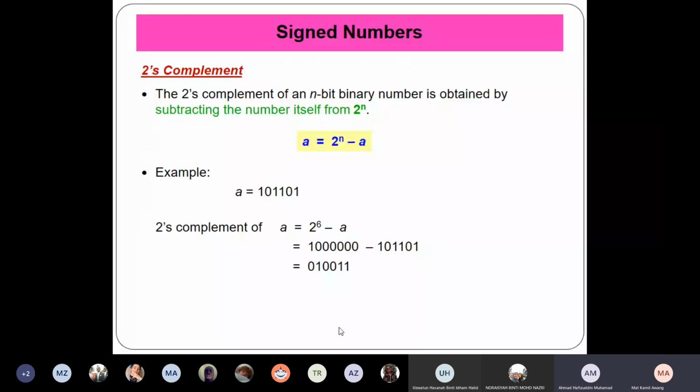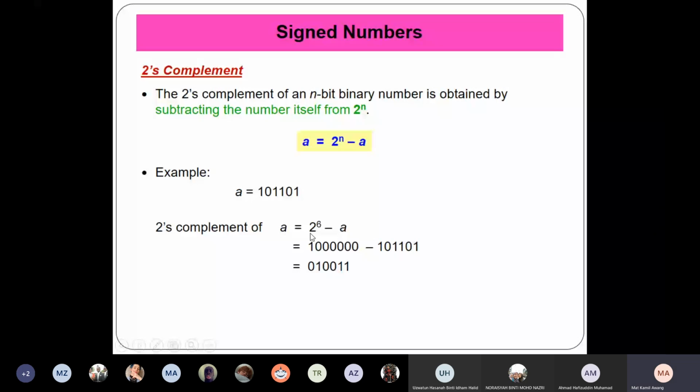Two's complement. A two's complement of an n-bit binary number is obtained by subtracting the number itself from 2 to the power of n. So the complement of a is equal to 2 to the power of n minus a. Example, if a is 101101, so the two's complement of that number is, actually, what is the power of n? How many bits do you have? 2, 4, 6.